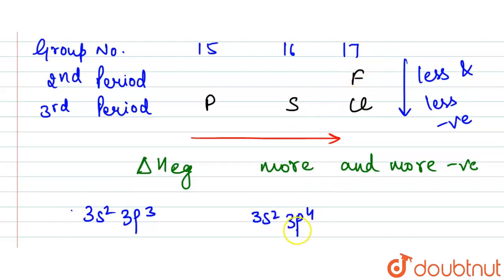Fluorine and chlorine both belong to the same group. For fluorine we have 2s2 2p5, and for chlorine 3s2 3p5, because it belongs to the third period.